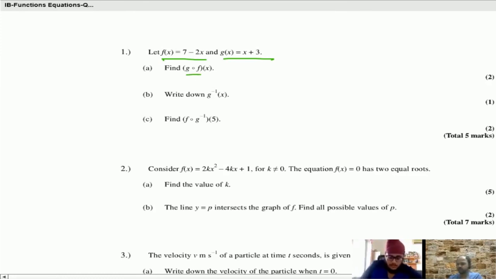So g compose f of x, how are we supposed to find that out? This one, sir.